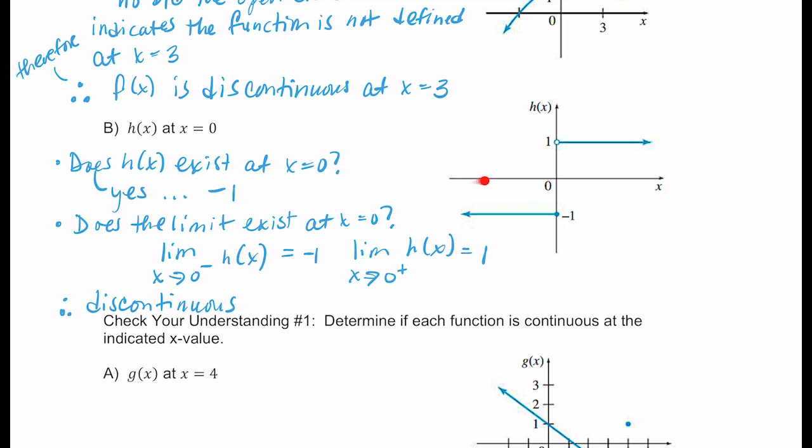When you approach 0 from the left, h of x equals -1, and as you approach 0 from the right, h of x equals +1. So therefore, the limit as x approaches 0 for h of x does not exist. So it can't be redefined. So we would have a non-removable discontinuity.